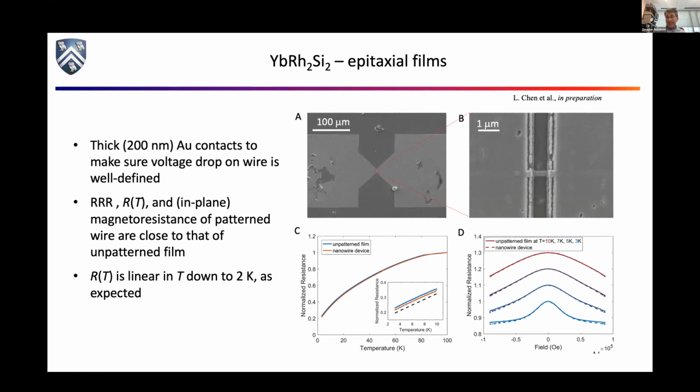Suppose I consider Dirac electrons, let's say the antiferromagnetic to semi-metal transition in some Dirac system, even there this should be true. F should be basically 0.